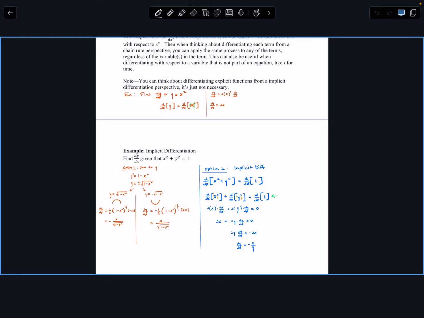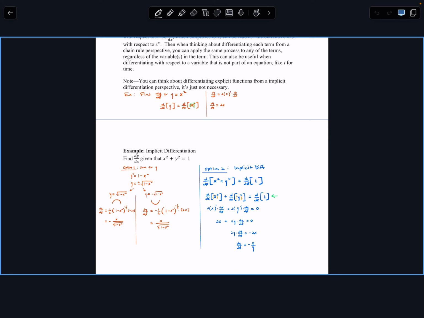Okay, so remember, we use implicit differentiation when we are trying to find the derivative of an equation that doesn't represent a function. So power rule, product rule, quotient rule, chain rule, all of that, we have previously been using to find the derivative for explicit functions like y equals a rule that's in terms of a single variable, right?